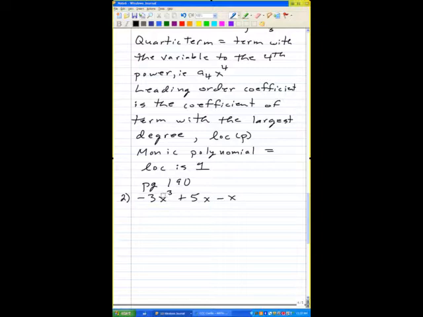I don't want any variable to a power that's other than a whole number. So no negatives, no fractions, nothing of that sort. And so x cubed, yeah, that's a whole number exponent. x to the first is just x. So yes, this is a polynomial in the variable x.